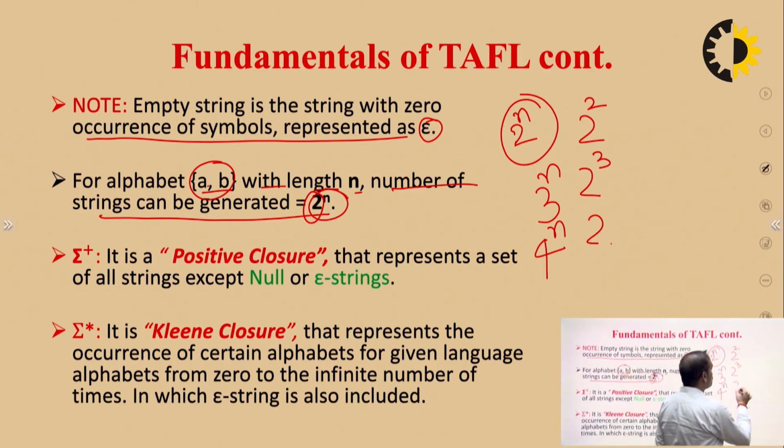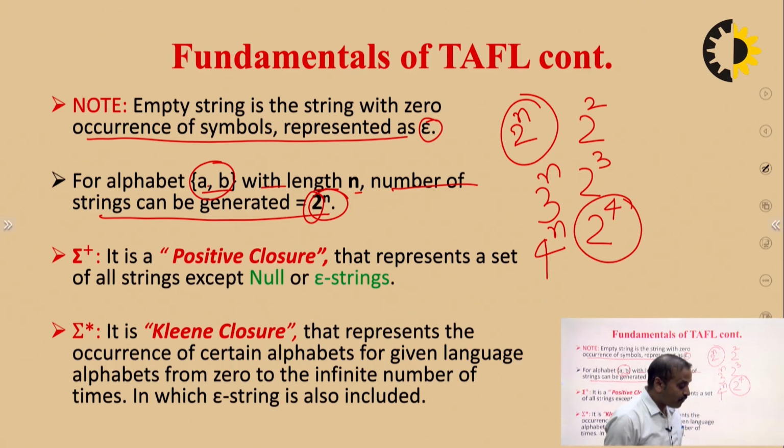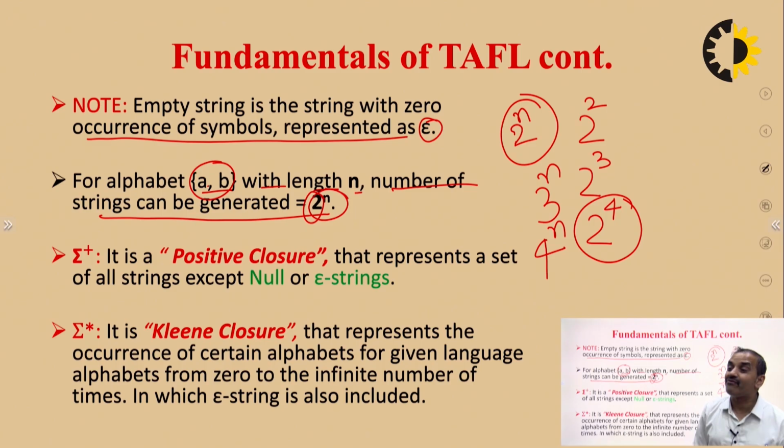We write 2 power 4. So this is the formula used to find the number of strings of length n: 2 power n, where 2 is the number of inputs and n is the length of the string. When we have to change the length of a string, we change the value of n to calculate the desired output.